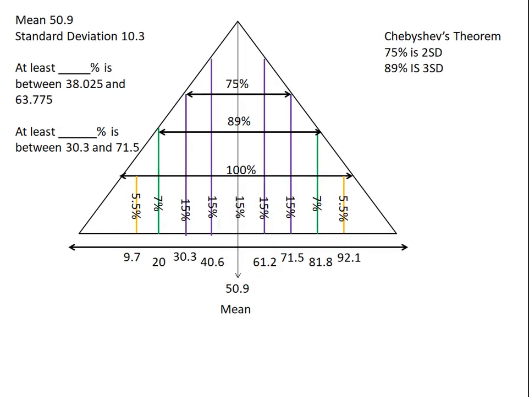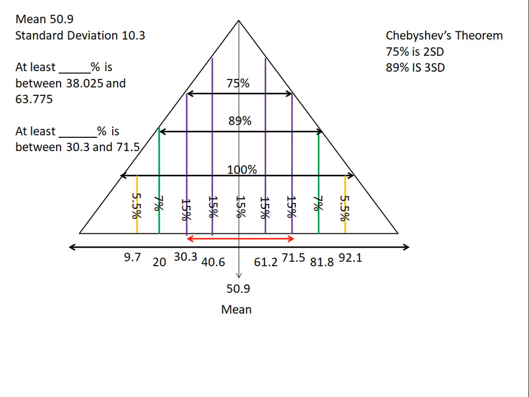Our next problem says at least blank percentage is between 30.3 and 71.5. When we look at our triangle, we can see those two numbers exactly. It falls between 1, 2, 3, 4, 5 sections of 15%.